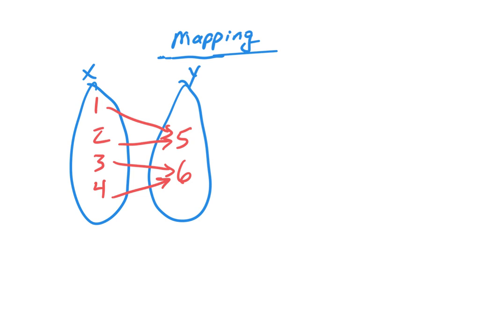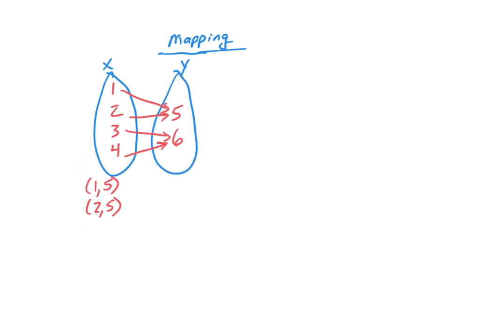As I think about what my ordered pairs would be here, 1 goes to 5. 1 would be my input, 5 would be my output. When I plug in 2, I get 5. When I plug in 3, I get 6. When I plug in 4, I get 6.